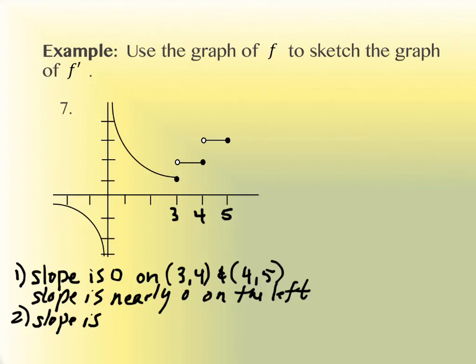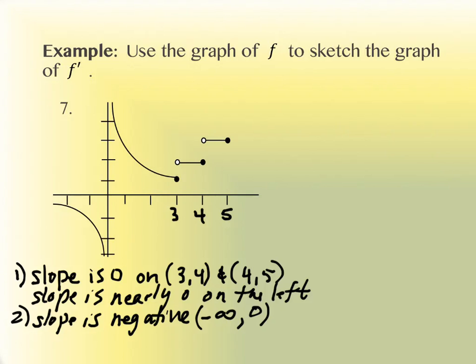It's negative. If I drew tangent lines along this over here, I'd get lines that look something like this, right? Those tangent lines have negative slopes. So that is the right term, yes. The slope is negative. That's all I'm going to go with for the moment. It is negative from negative infinity to 0.